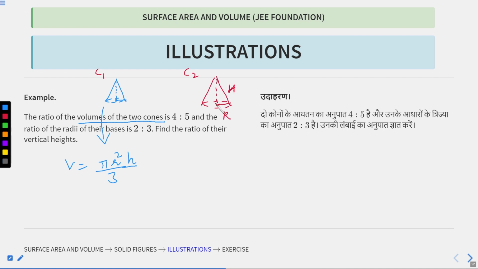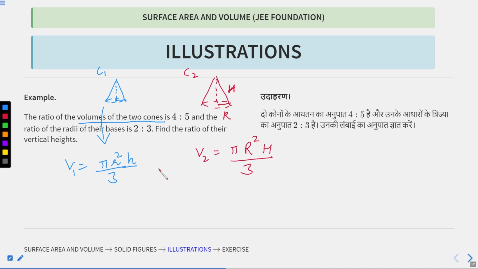I am representing V1 as the volume of cone 1 in blue, and for cone 2, I am representing the volume as V2. So V2 is equal to pi R square H by 3. I hope this is clear.